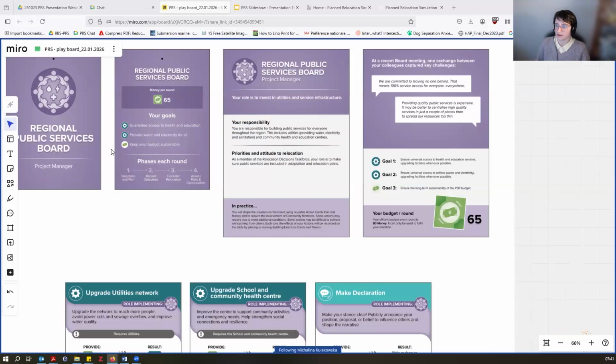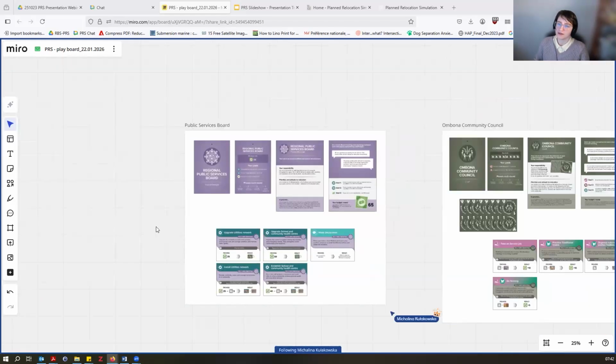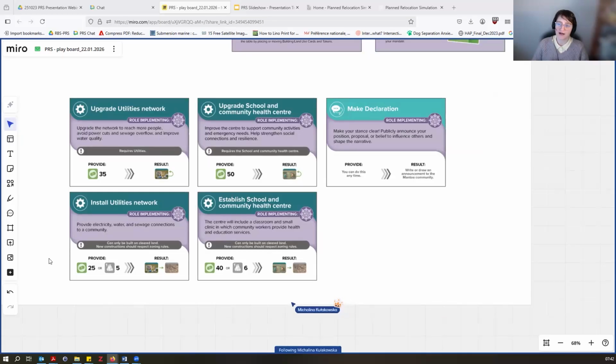Then participants also receive actions, which we will discuss later in practice, but those action cards represent the possibilities of what each role can do, and they are quite different between different roles.